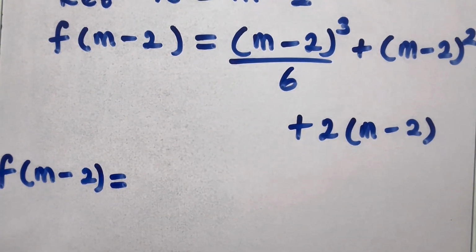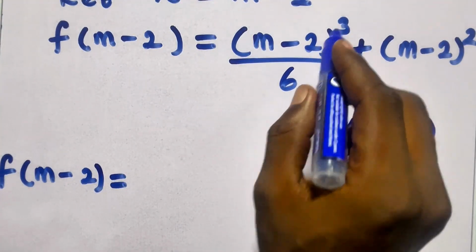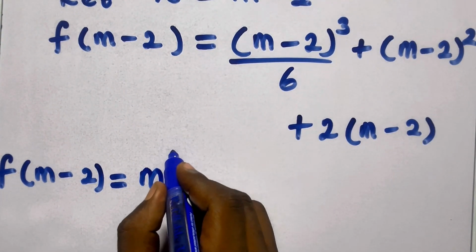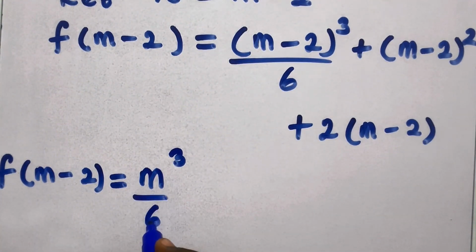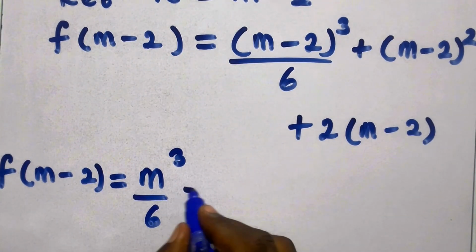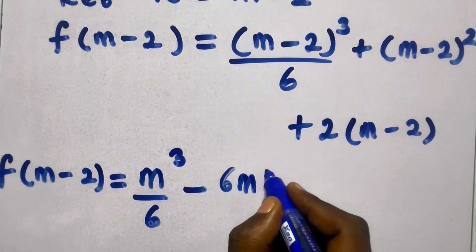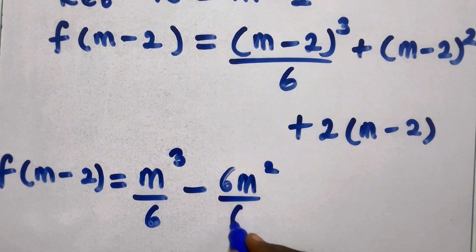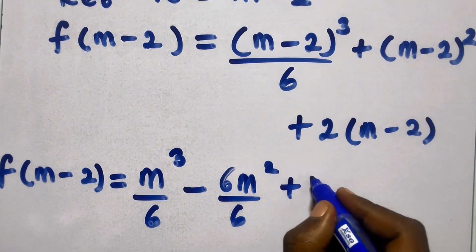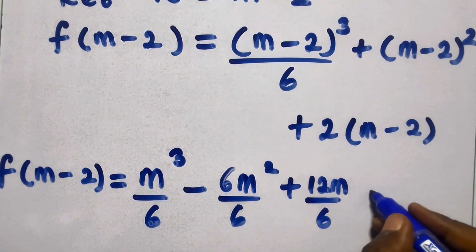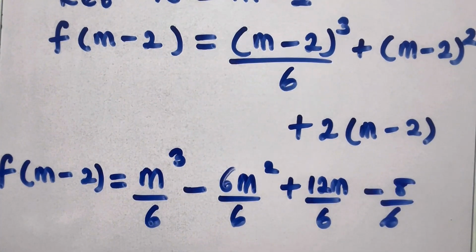Equals, so let's expand this. We are going to have m raised to power 3 divided by 6 minus 6m squared divided by 6 plus 12m divided by 6 minus 8 divided by 6.